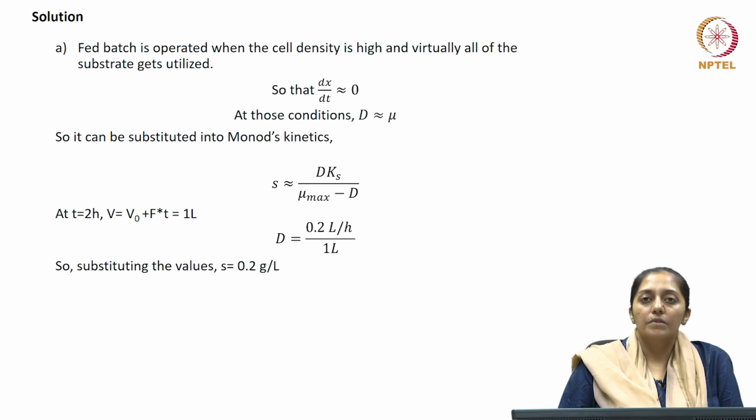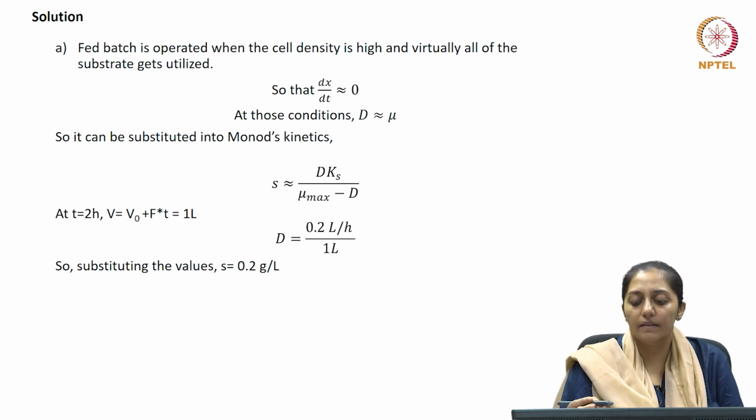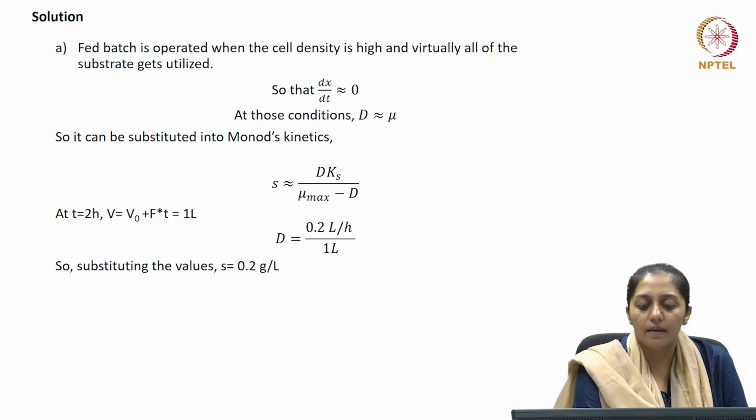Now, steady state or pseudo-steady state in fed batch means that there is going to be no accumulation of biomass or substrate happening inside the reactor, which means, as seen on the slide, dX/dt will be nearly 0 and also dS/dt.